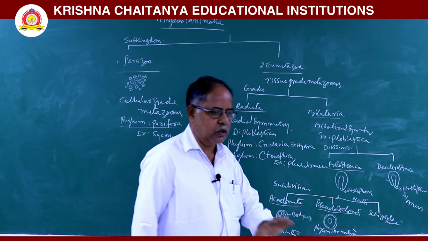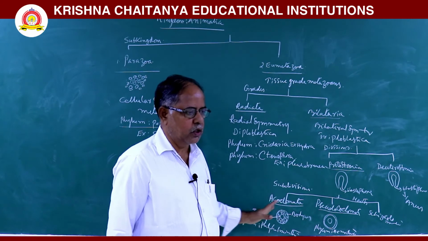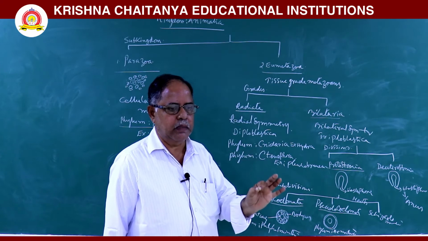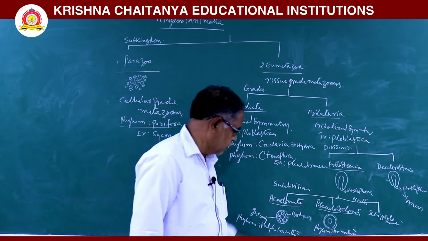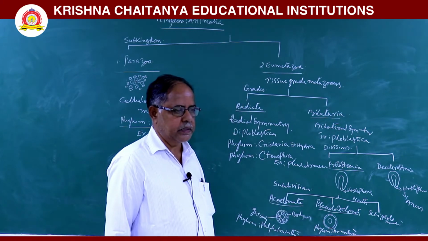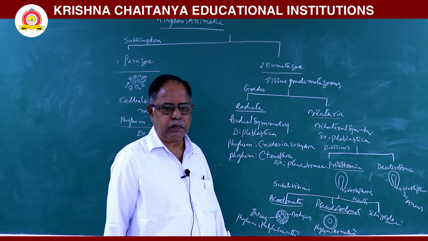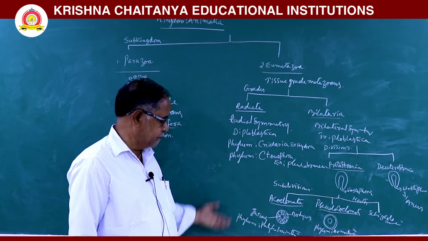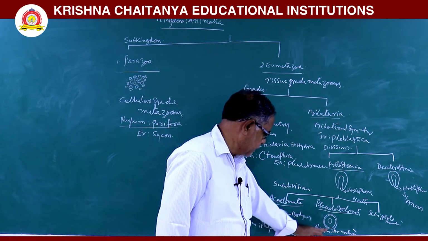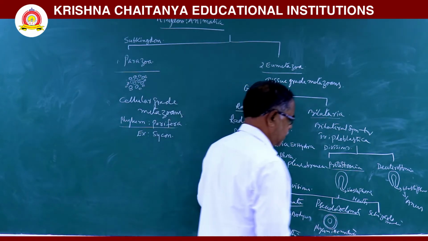The gut wall is not surrounded by mesoderm. This is a coelom-like structure, but it is not a true coelom. True coelom means the space which is present in between two mesoderm layers. But here pseudocoelom is there. This pseudocoelom is derived from the blastocoel. One example phylum there is Nematoda.